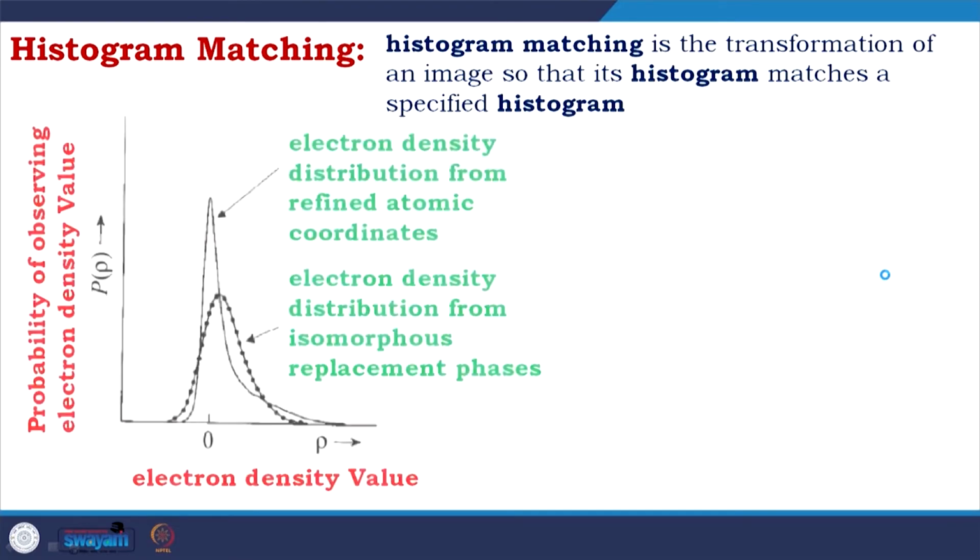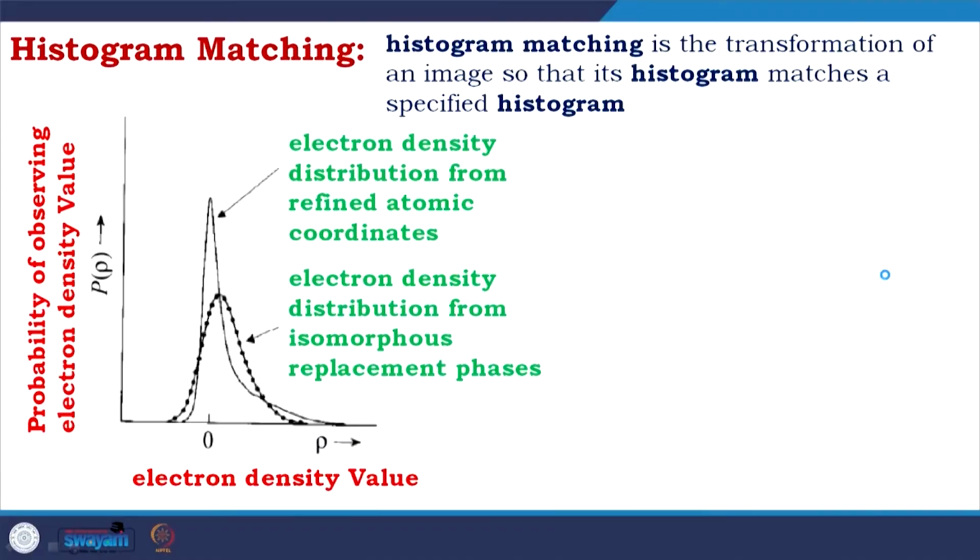Okay. So, if you look at, we are talking about two peaks which are plotted against electron density value in the x axis and probability of observing electron density value. So, electron density value and probability of having electron density value, we get two peaks, electron density distribution from refined atomic coordinates and electron density distribution from isomorphous replacement phases.